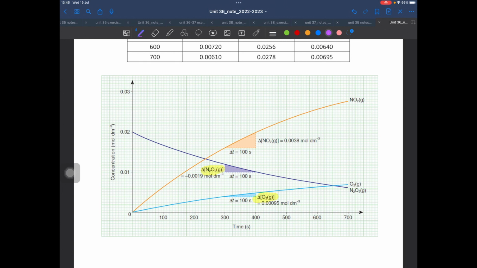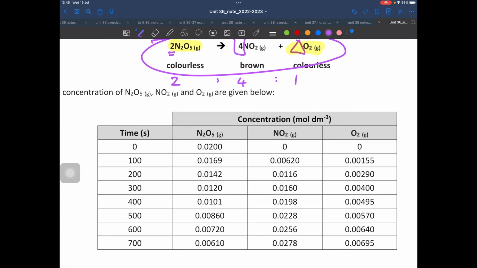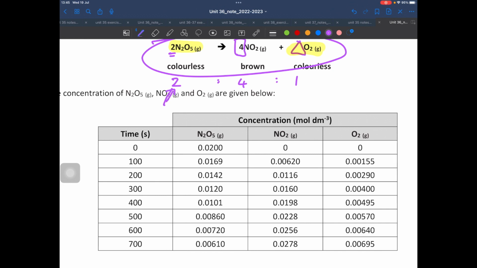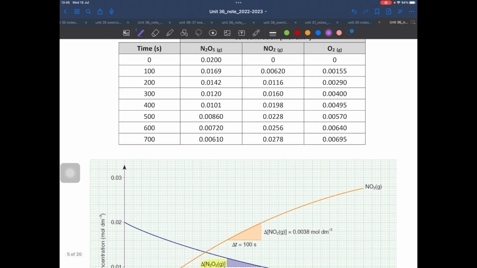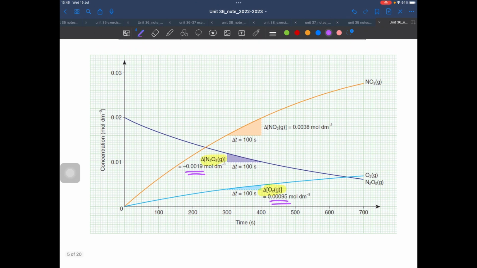Right, of course it is smaller, right? Because you need 2 N2O5 to generate 1 O2. So the consuming of N2O5 should be higher than the producing of O2. This is a simple mole ratio question, and they should have the ratio in reaction rate 2 to 1. Okay. Let me write it down.